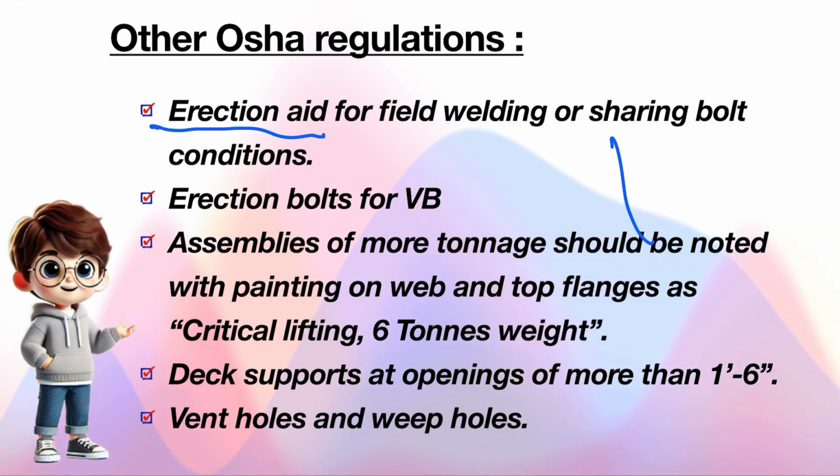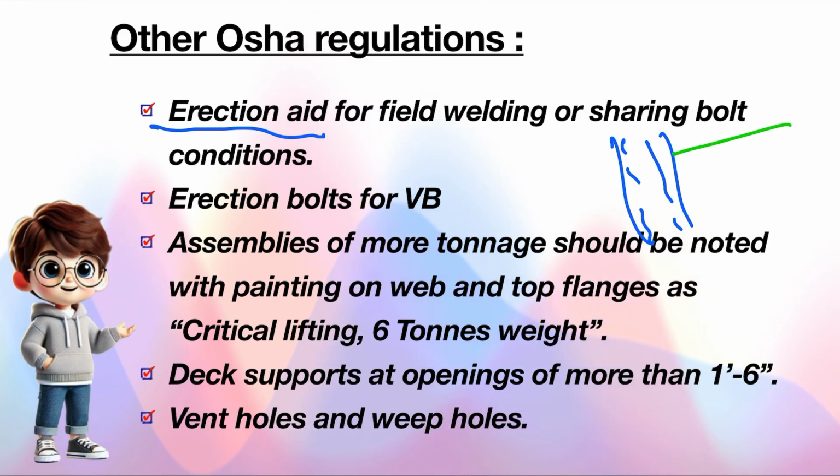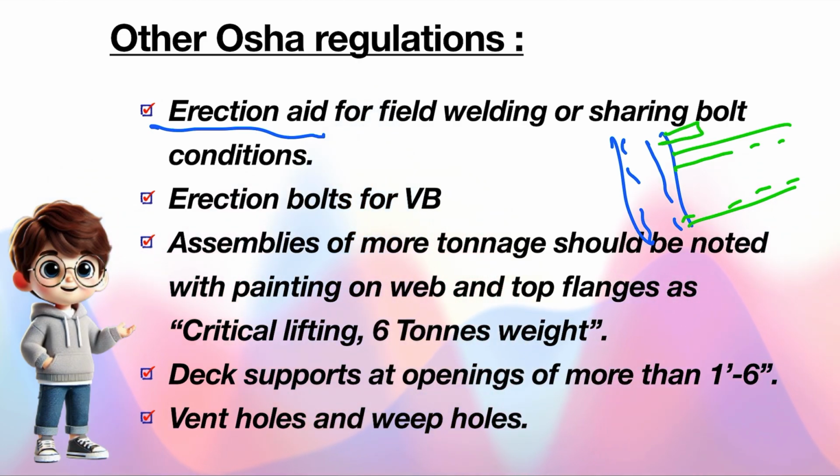Let's say this is an HSS column, this is an HSS beam, and you want to do field welding. Before doing field welding, there will be two tabs. One tab will be with the column and another tab will be with the beam, shop welded, and the two tabs will have holes and an erection bolt inserted into the hole.